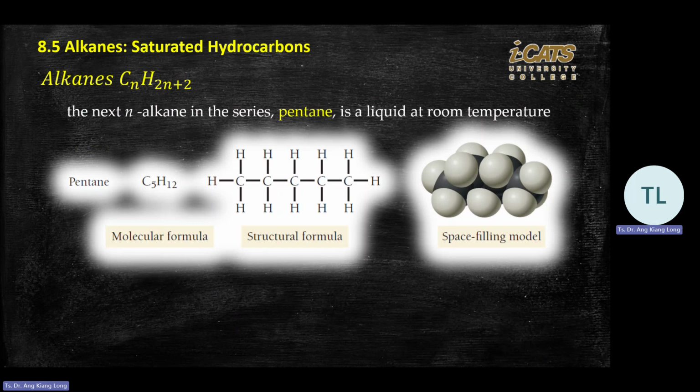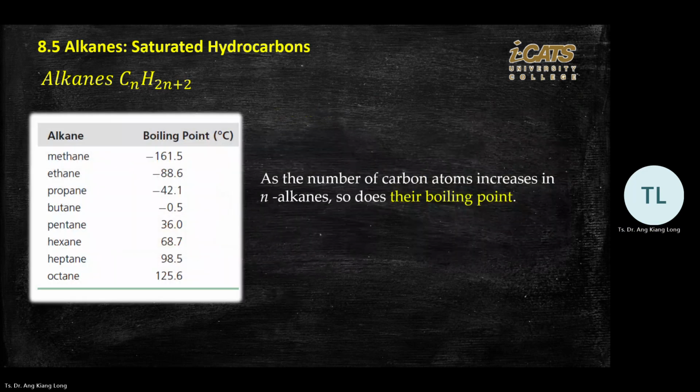Next one is n equal to 5, they call pentane and so on. Okay, so as you can see here, this is the boiling point. We have gone through methane, ethane, propane, and so on. As the number of carbon increases in alkane, so does the boiling point.